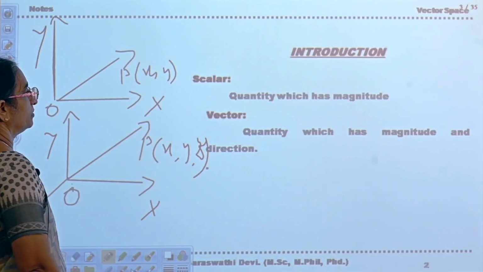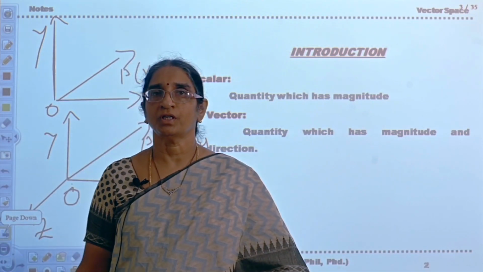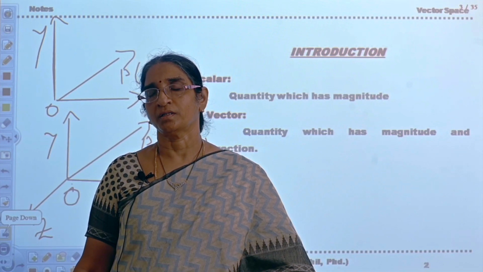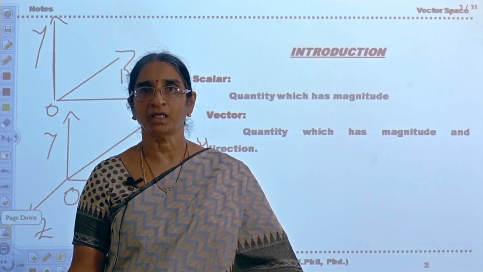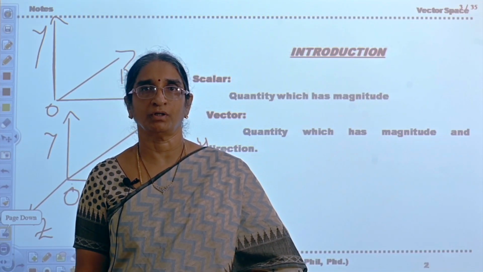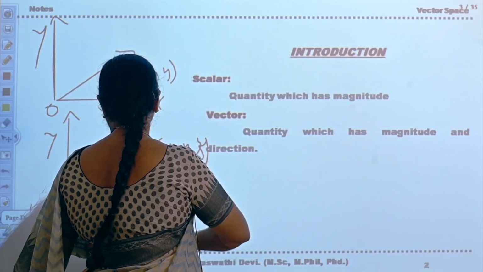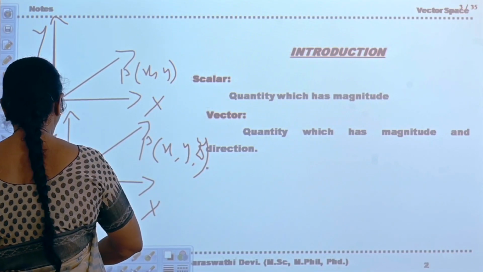Before going to the definition of a vector space, let us recall some of the definitions which we have learned at our high school level. They are scalar and vector. What is a scalar?